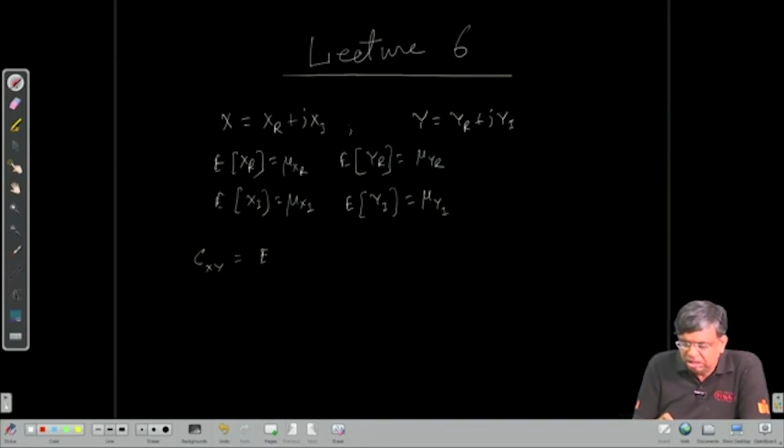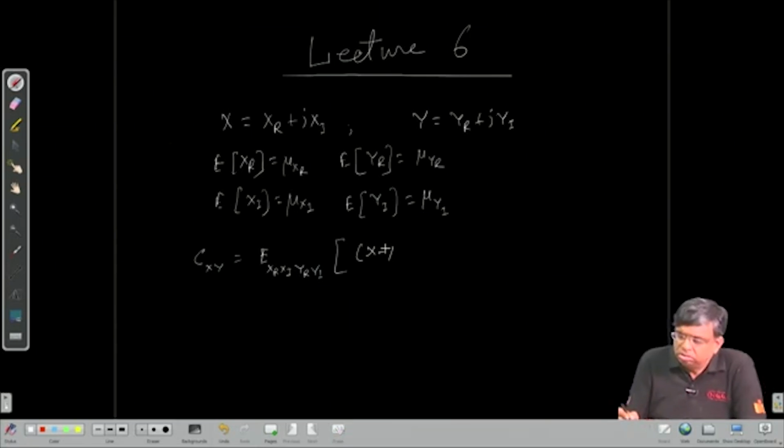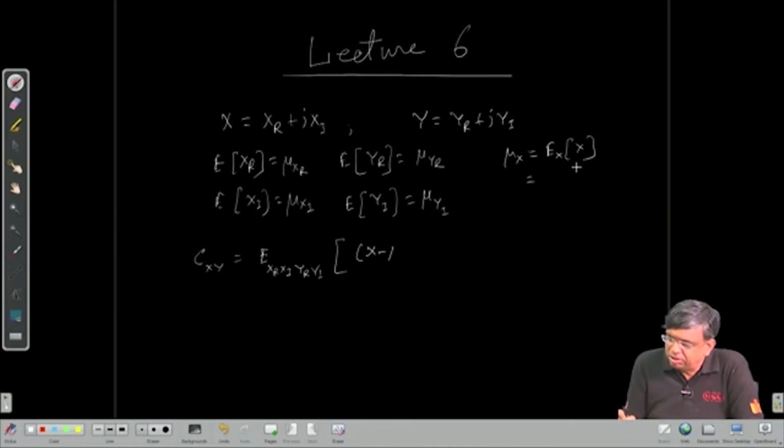Either you write x r, x I, y r, y I, and then x minus mu x is the expected value of this, and x you write as x r plus j x I. So, E x equivalently, now we have got two variables x r, x I. When this works on x r, x I drops off.